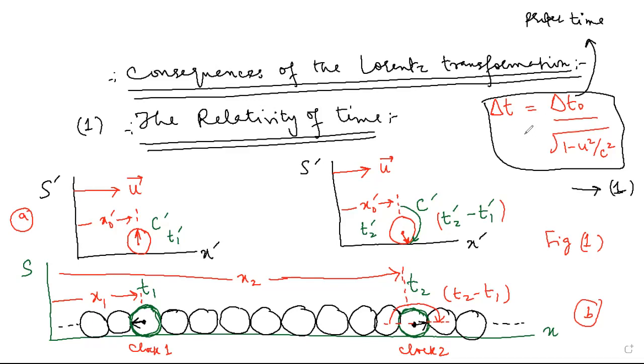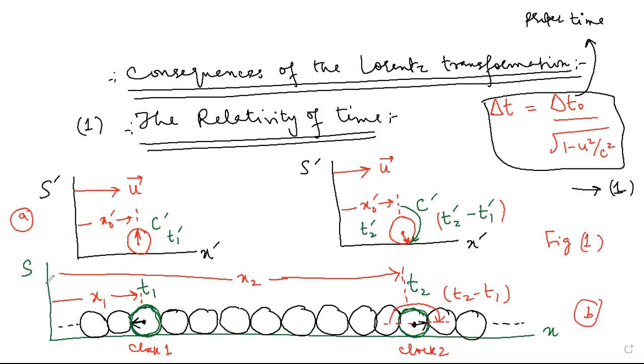So for that, I have drawn this figure 1. Let me explain the figure. Now we have again a reference frame S prime and S. S prime is moving with velocity u relative to reference frame S, right? Now in this figure, what is shown here is a different view of the time dilation effect.